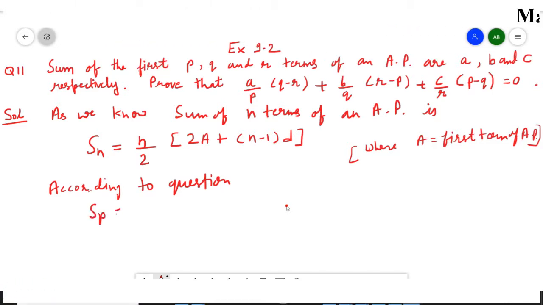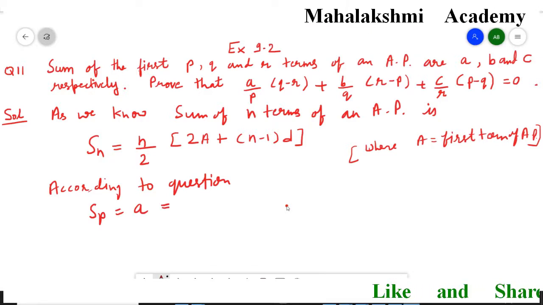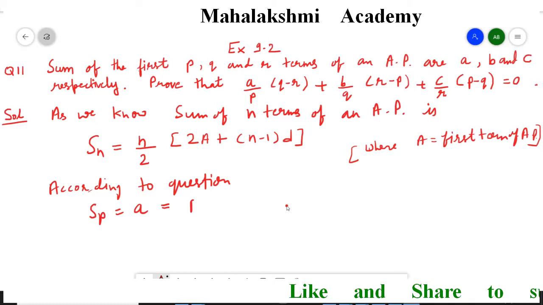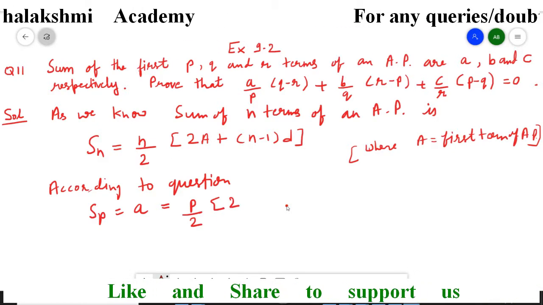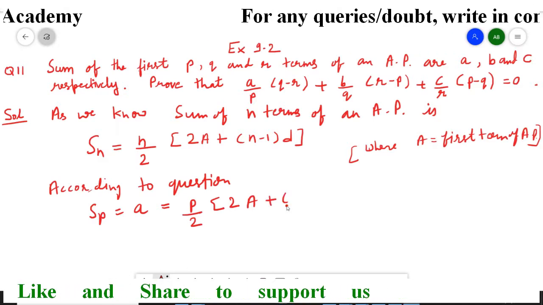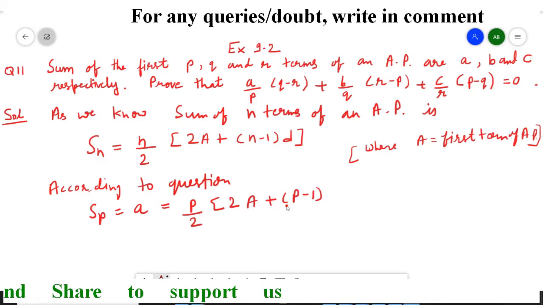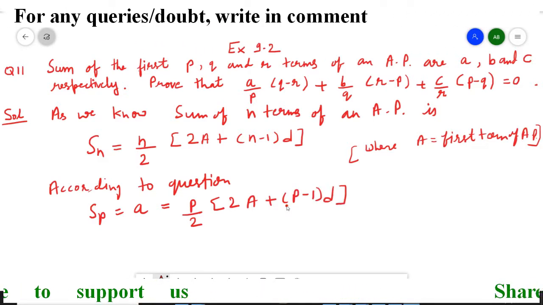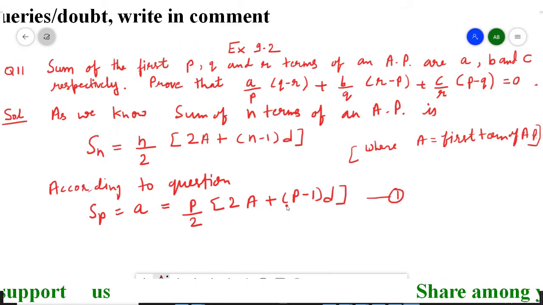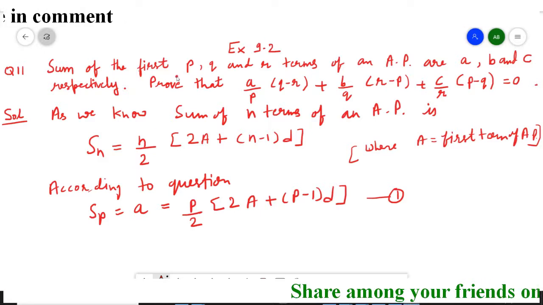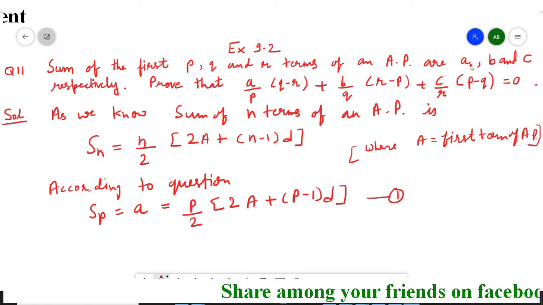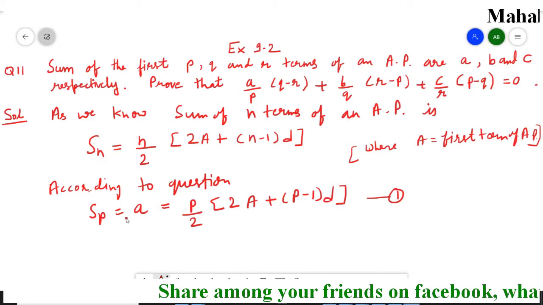According to this formula we will put the value. So it is going to be p upon 2, big bracket 2A plus p minus 1 d, big bracket close, equation 1. So what we have done is, the sum of p terms is given to us as a, so instead of Sp I wrote here a.